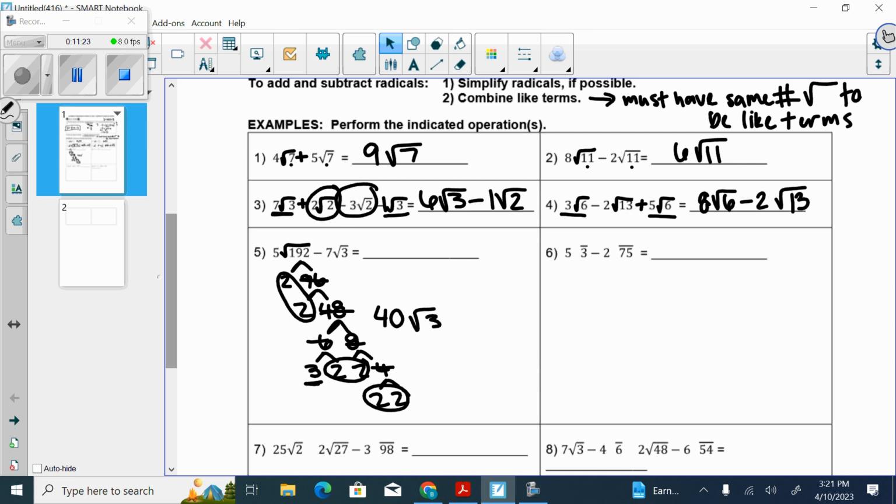All right, so now I've got 40 square root of 3 minus 7 square root of 3. Now, can we subtract those two? Yeah, because they have the same square root. So what is 40 minus 7? 33. We got 33 square root of 3. All right.